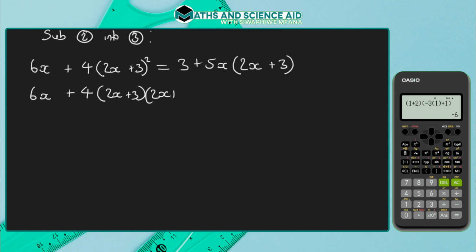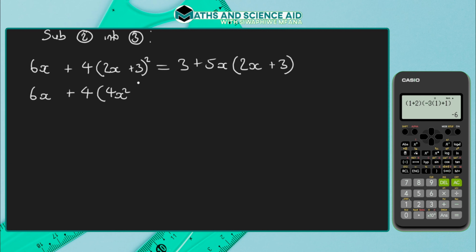But I'm actually going to show you a shortcut of doing this in case you do not know it. So the quick way of doing it is to take the square of the first term here, 2x. So what is the square of 2x? Well, that is equal to 4x squared.